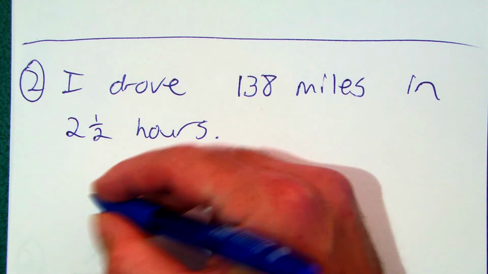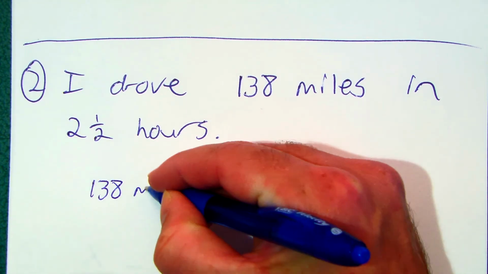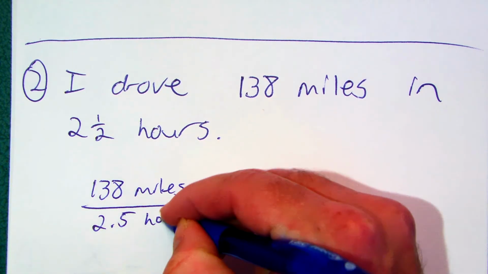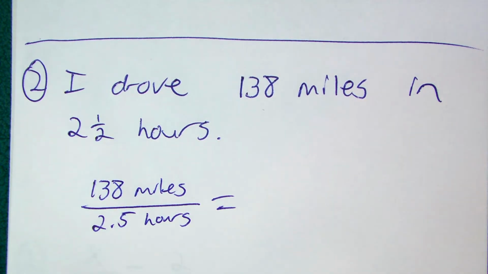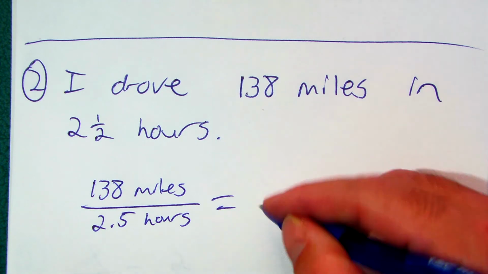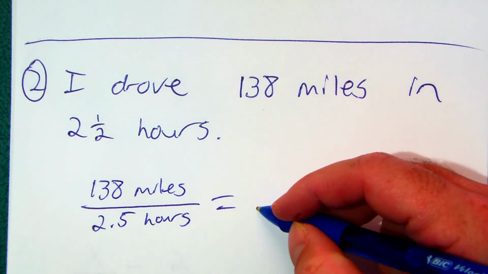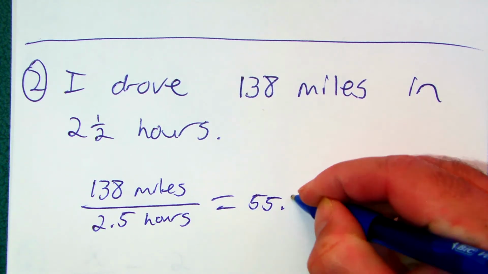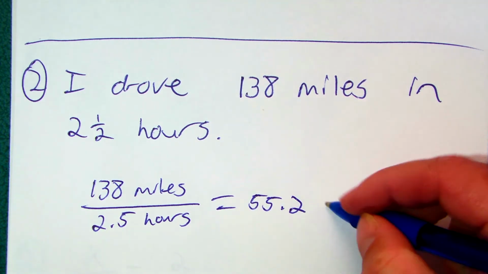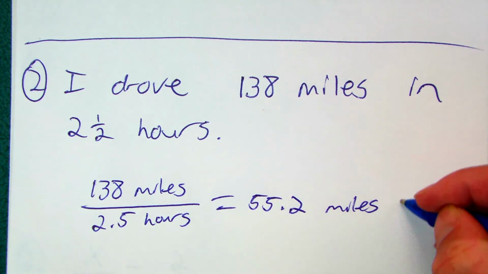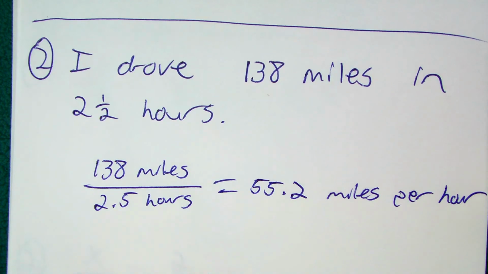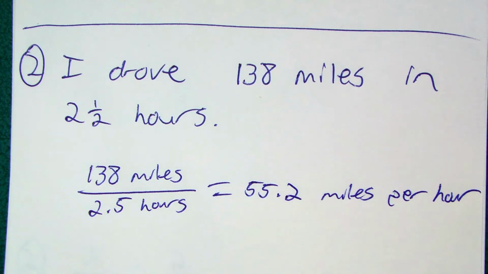So we're doing 138 miles in 2.5 hours. That's 55.2 miles per hour. Pretty good speed there, not too slow, not too fast.